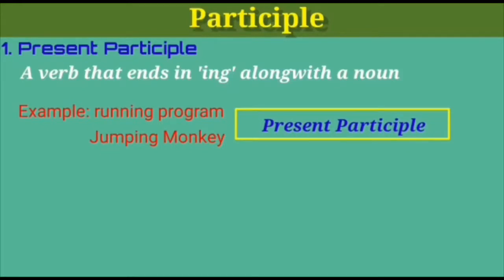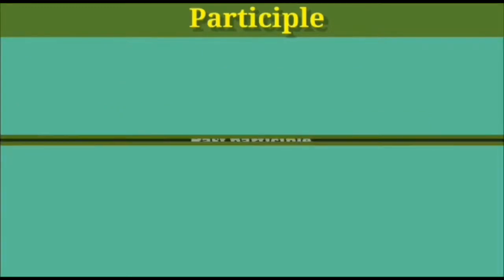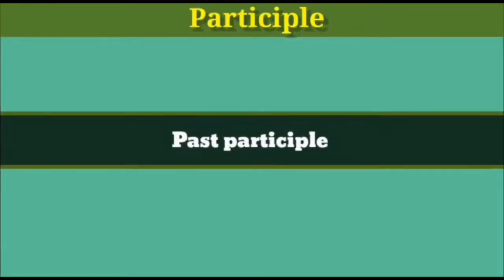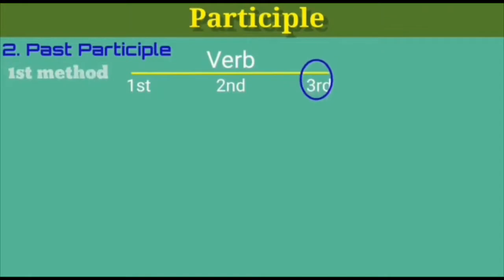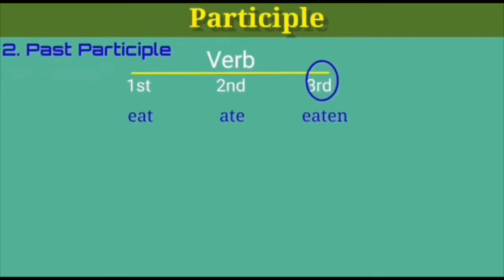Now let's talk about past participle. I'll define past participle in two ways. Number one, the third form of the verb is also known as past participle. Like eat, ate, eaten. Eaten is the third form, so it is known as a past participle.